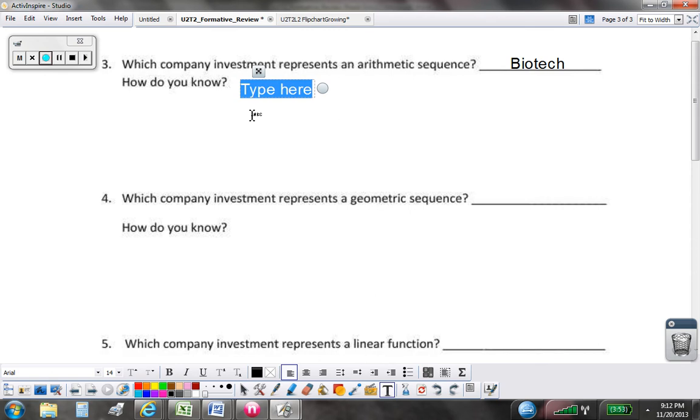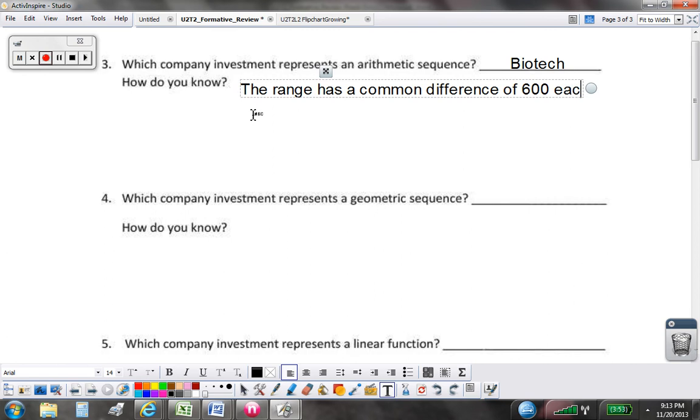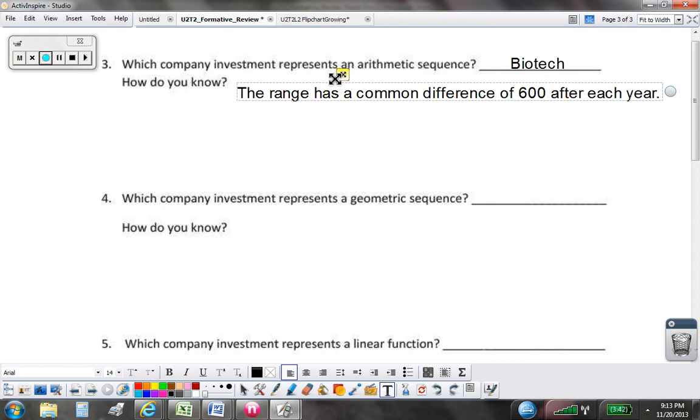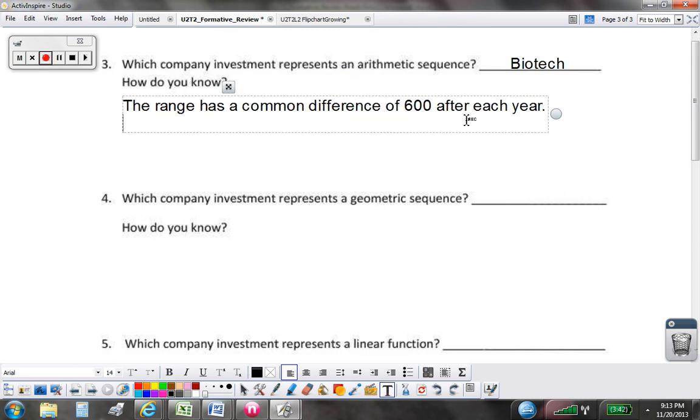I'm just going to say the range has a common difference of 600 after each year.